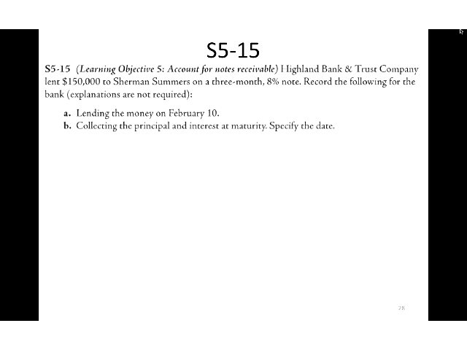So exercise 5-15, we have a bank that lent the money, $150,000, to Summers on a 3-month 8% note. And we're recording for the bank. So that's important to note, that we are looking at this from the bank standpoint. First thing we're going to do is lend the money on February 10th. So when we loan the money on February 10th, we're the bank.